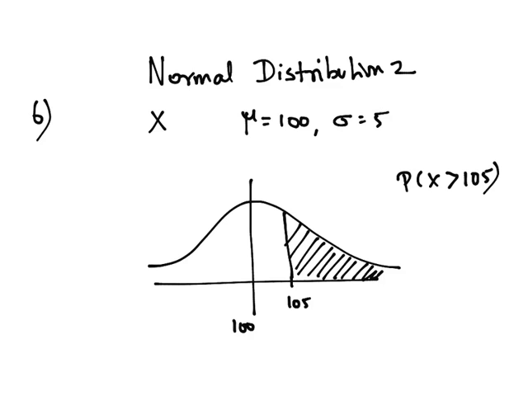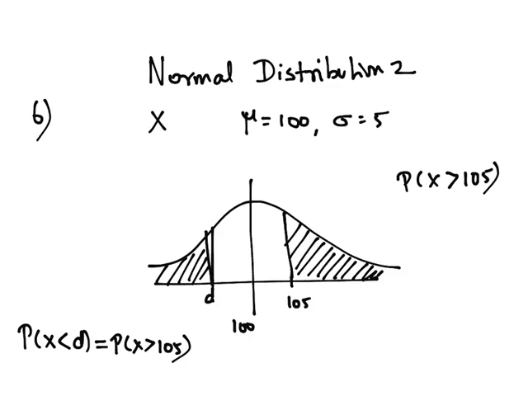Now the second part is, it is given that P of X less than d is same as P of X more than 105. So definitely d will be on the left hand side of 100. What they're saying is this area is same as this area.